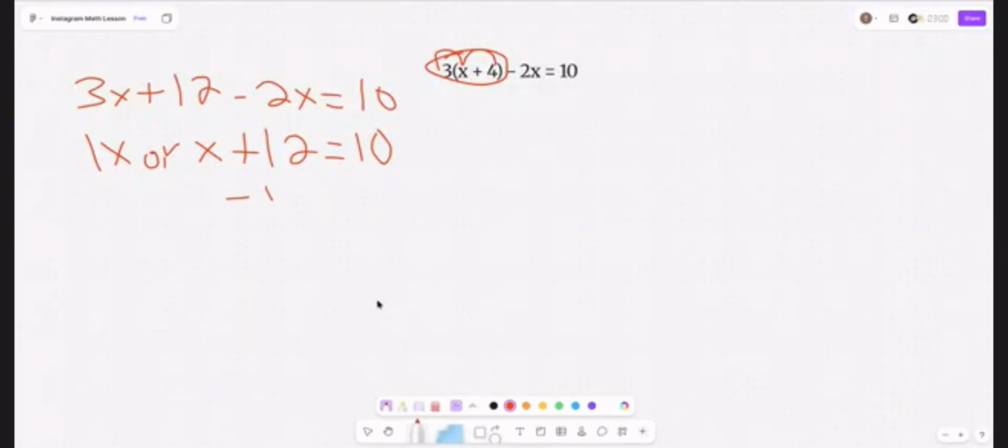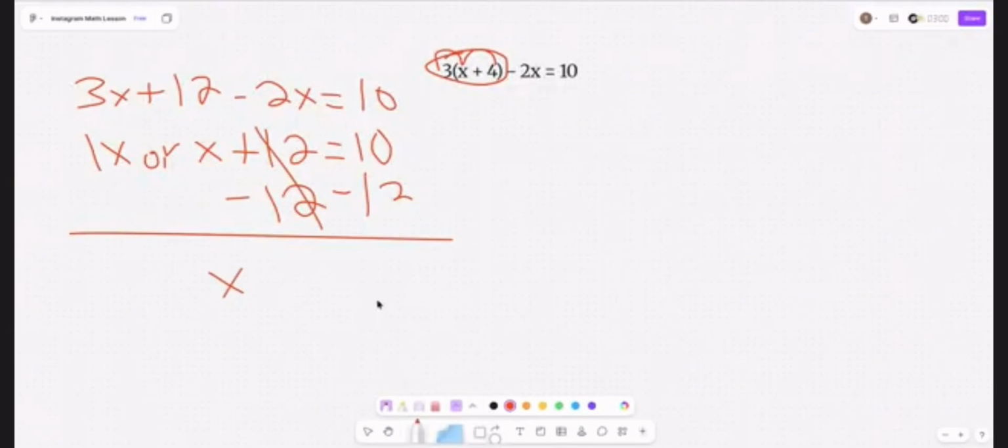So we're going to subtract 12. A good way to remember this is that when you have plus 12 and you subtract 12, you get 0. So now there's nothing there anymore. And you're going to have x equals negative 2, and that's your answer. There's nothing else to do here because x is now by itself.